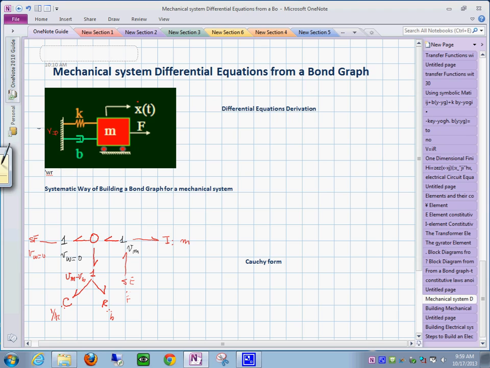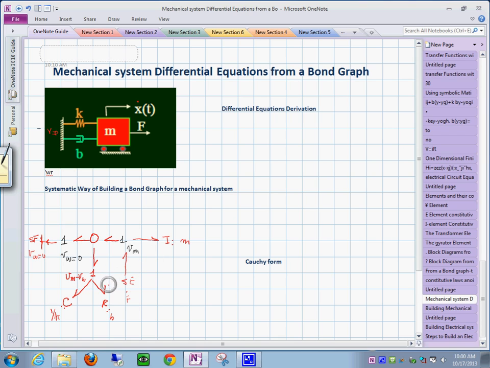We're basically done with this. So we'll complete this. This is a source of flow because one of the signals is 0. We are going to represent it like this. In here we have the bond graph model.